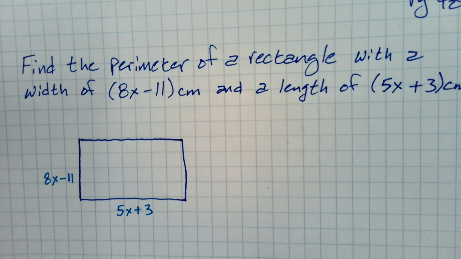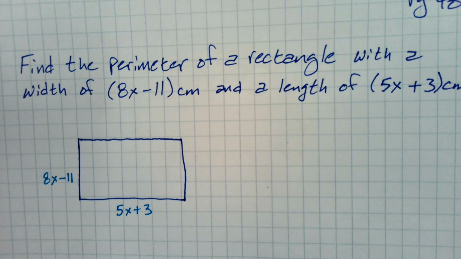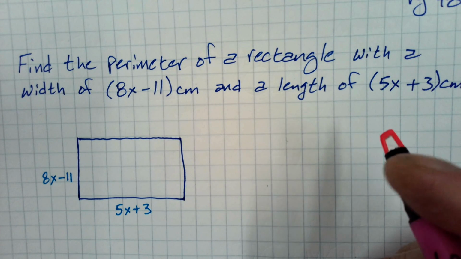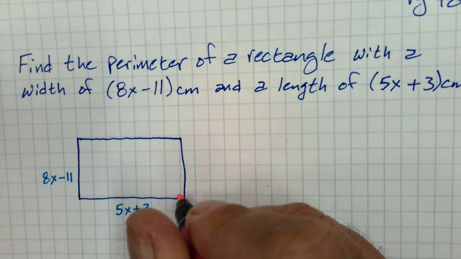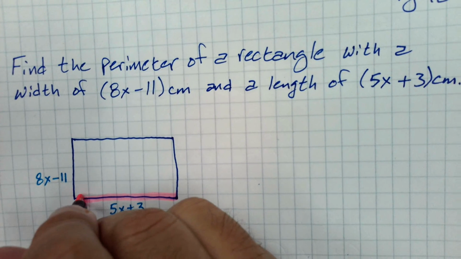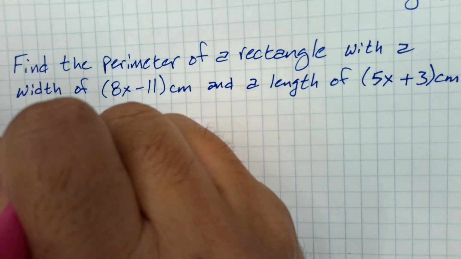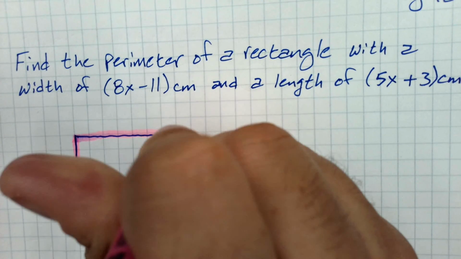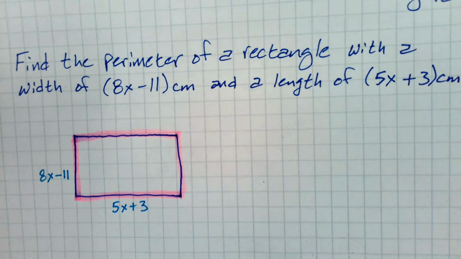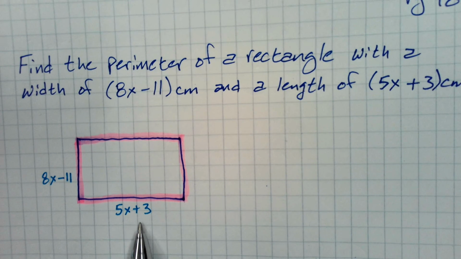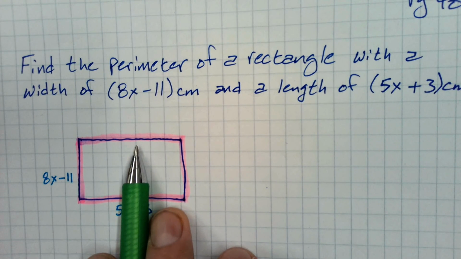So what do I have to do to find the perimeter here? How do I find the perimeter? Let's see, I want to find this length, and this length, and this length, and this length, all the way around, right? Well, I got these two. How about this one?